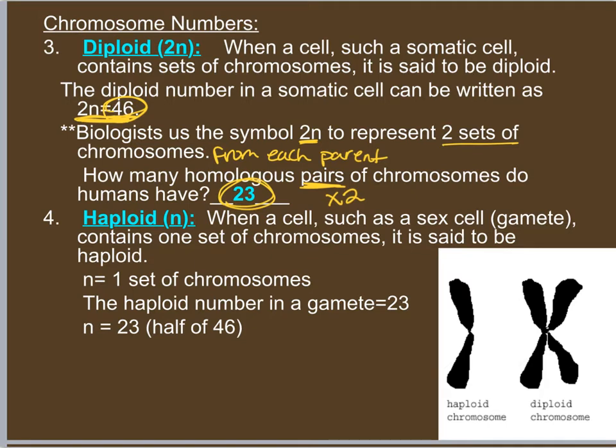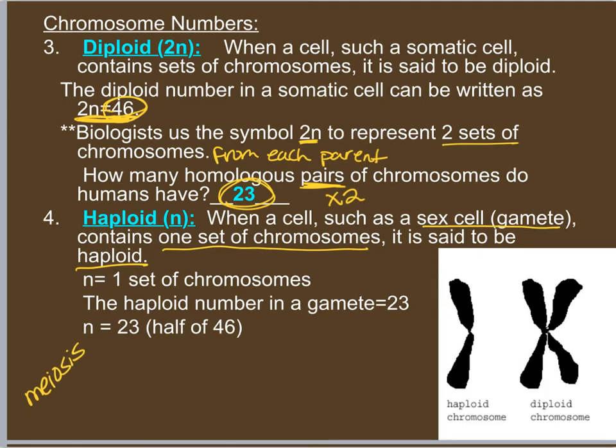So then you have haploid. Haploid is half. So your sex cells, your gametes, sperm and egg, are only going to have one set of chromosomes, and they are said to be haploid. We're going to talk about how they split up when we go over meiosis, which is also in this unit.